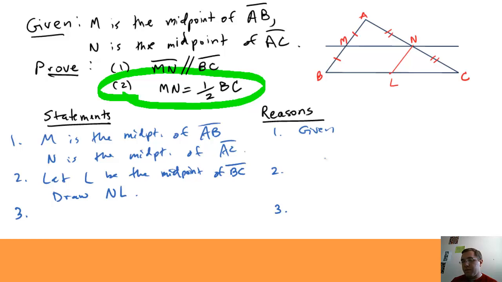Then we know by part 1, assume we prove in part 1, that MN is parallel to BC.